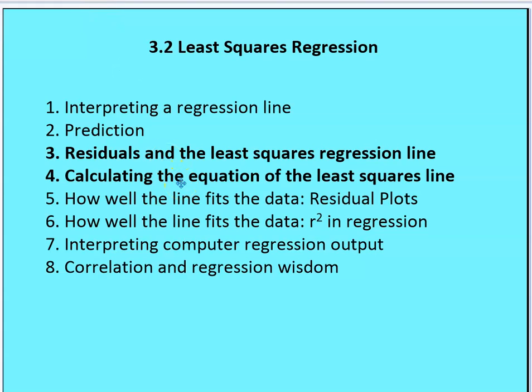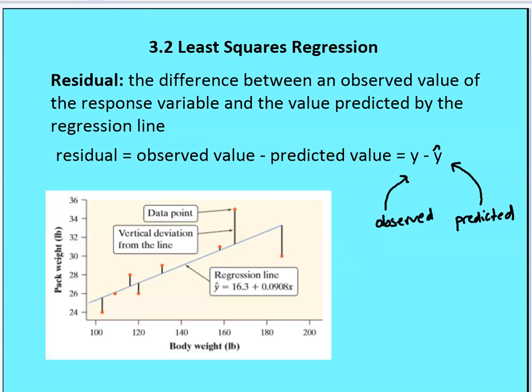All right, so then let's talk about residuals in the least squares regression line, and then calculating the equation of the least squares line. So there's going to be some work in doing that. All right, so what's a residual? A residual is the difference between the observed value and the predicted value. So if I have some data point as my observed value here, and my predicted value would be the value that you would get using the equation for the regression line, so the data point on the line.